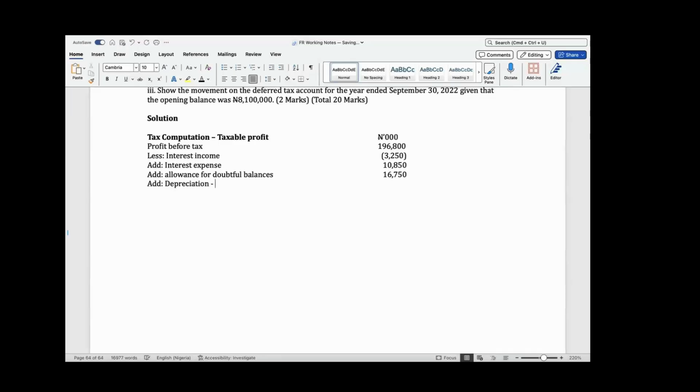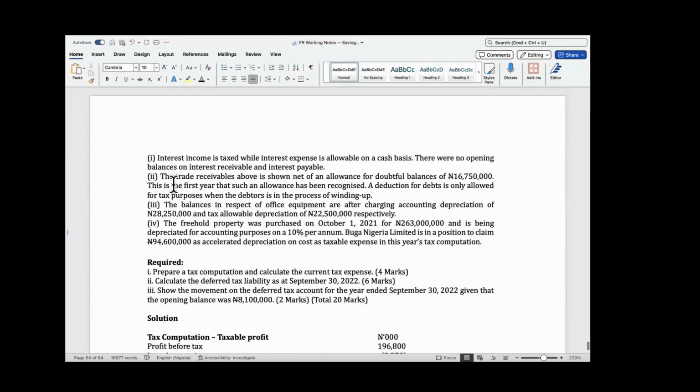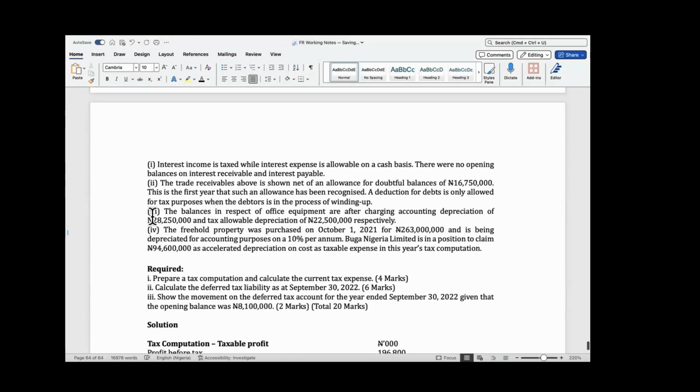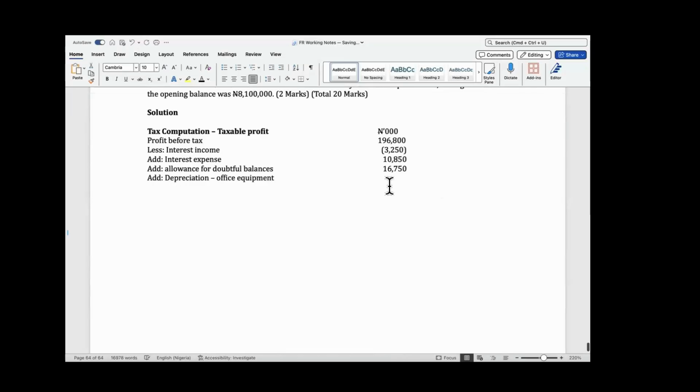Add back, I say capital allowance, sorry. Depreciation on which asset now? Office equipment. How much is it? 28,250.